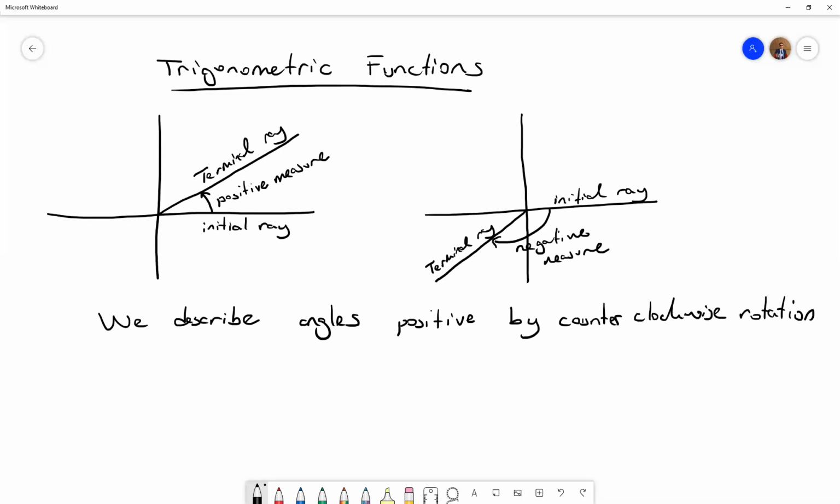I mean this one. Counterclockwise rotation is this one. And this one is clockwise. This one is a negative measure, and a positive measure is a counterclockwise rotation.